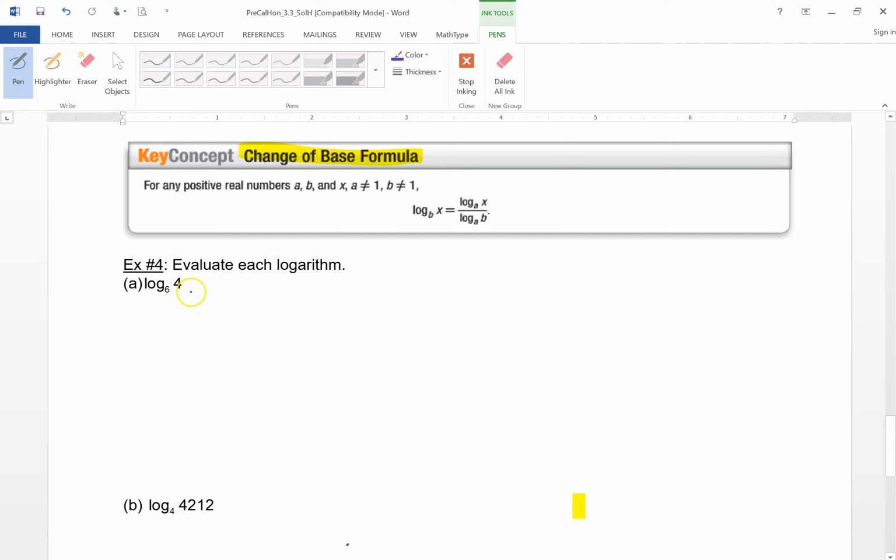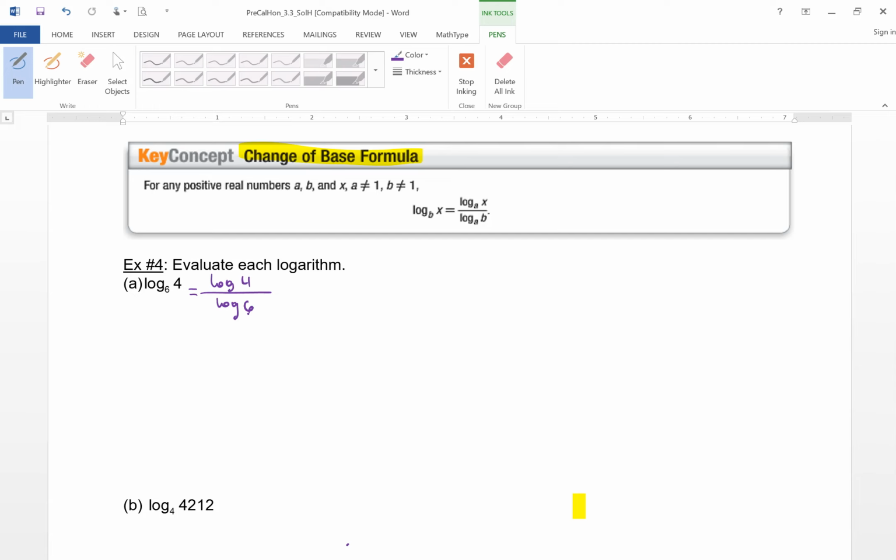so if you have log base 6 of 4, this is one of the simplest things in this lesson. So we're going to get log of 4, okay, divided by log of this base. Right, so remember, it is just like it's written here.